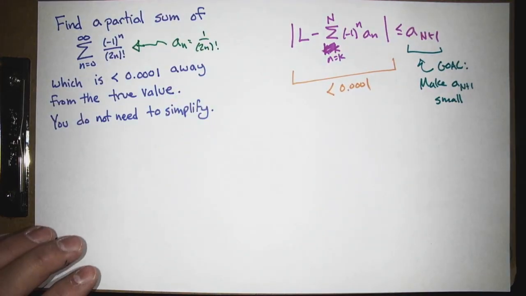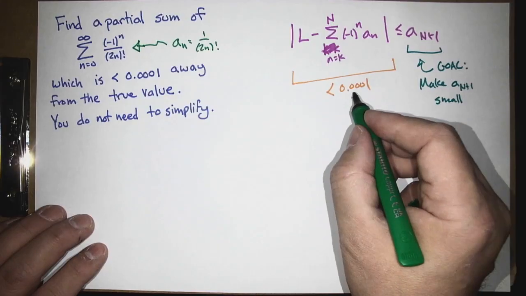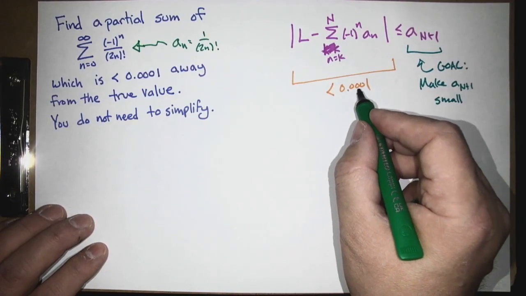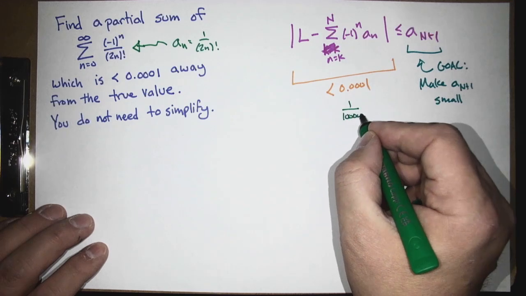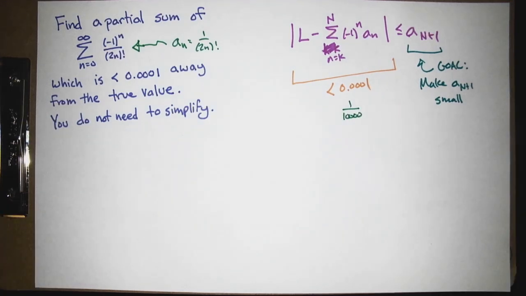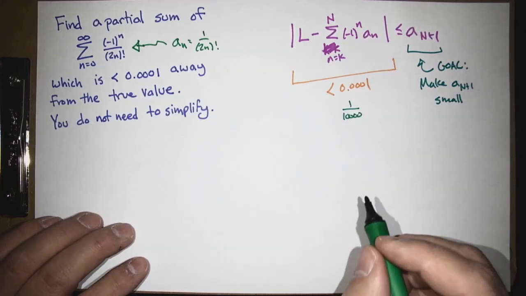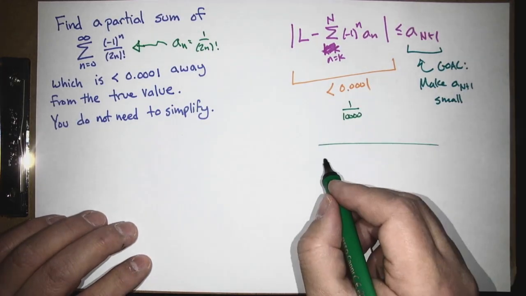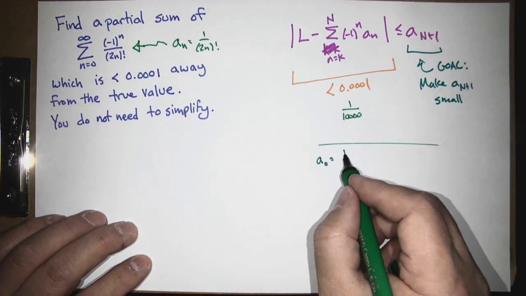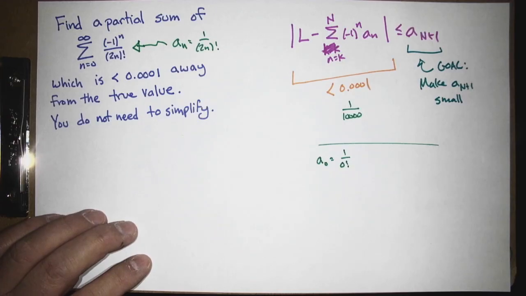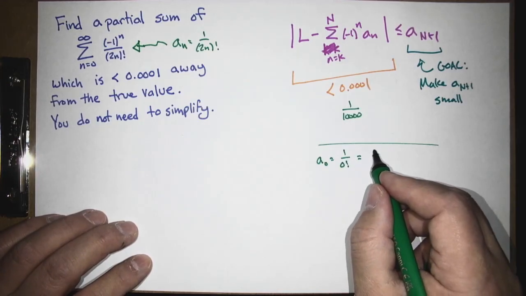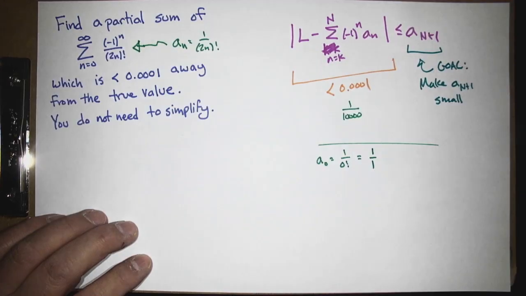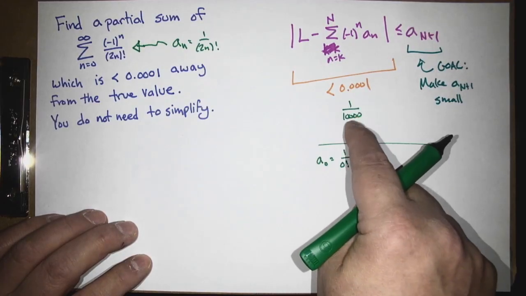So we should write down some terms. Now 0.0001, that's 1 over 10,000. So let's look at our terms. A0, 1 over 0 factorial, also known as 1. Okay, we're not quite there.